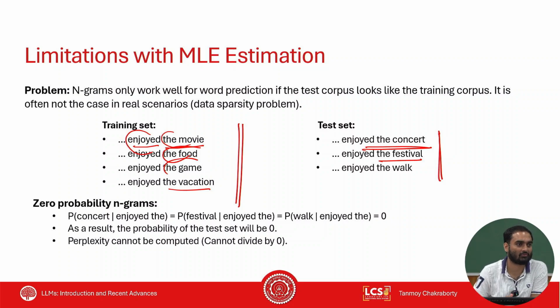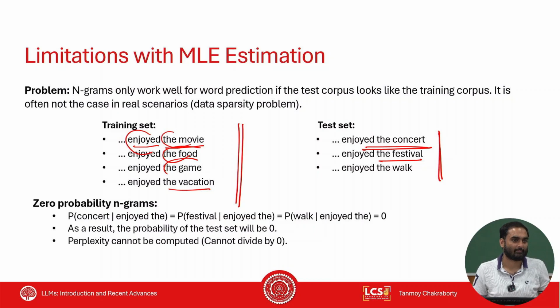Then what do you do? If it appears in the training set and the entries are 0, you can do some tricks and adjust. But if it never appears in the training set, then in the matrix that you constructed, there is no entry. What do you do? What do you think?